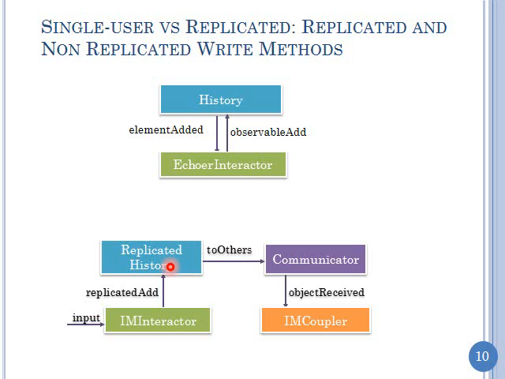And when the object is received, it has to update the replicated history. What method should it call now? Observable add. Okay. And so we've solved the problem, and the names now mean the right thing.